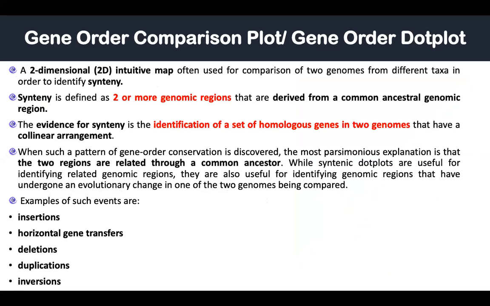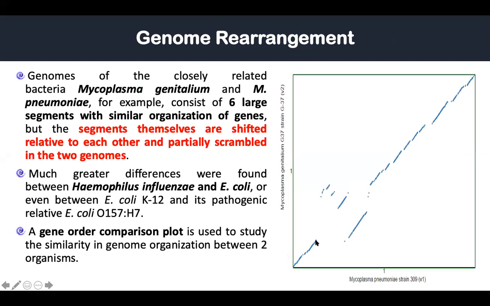Right, so normally researchers do comparisons of these genomes to look at synteny regions, right? So synteny, the term, is defined as 2 or more genomic regions that are derived from a common ancestral genomic region. Okay, so in this case, you can see this is a syntenic region.